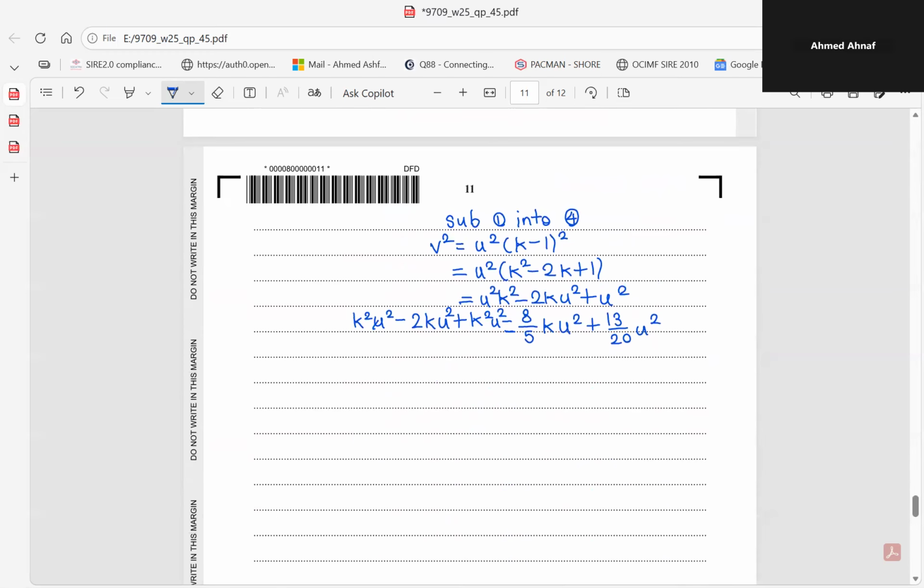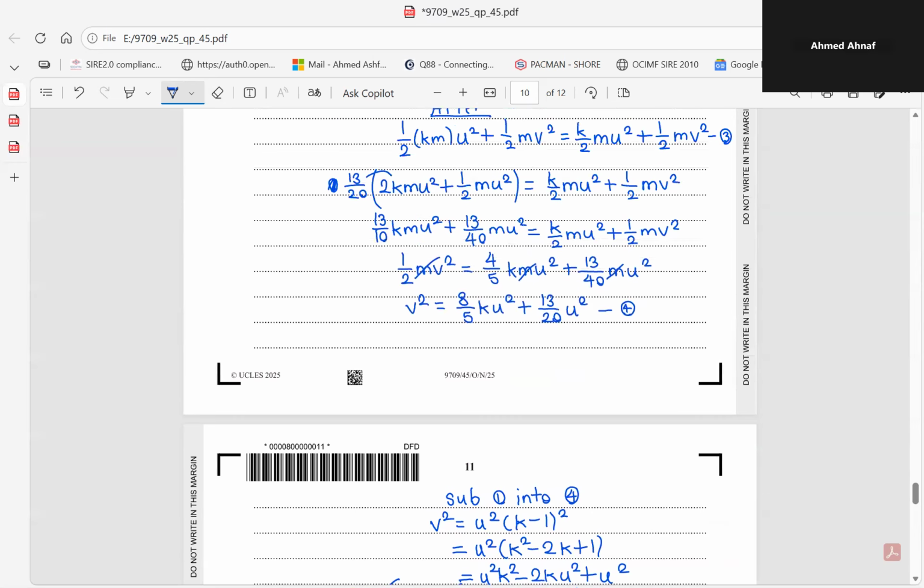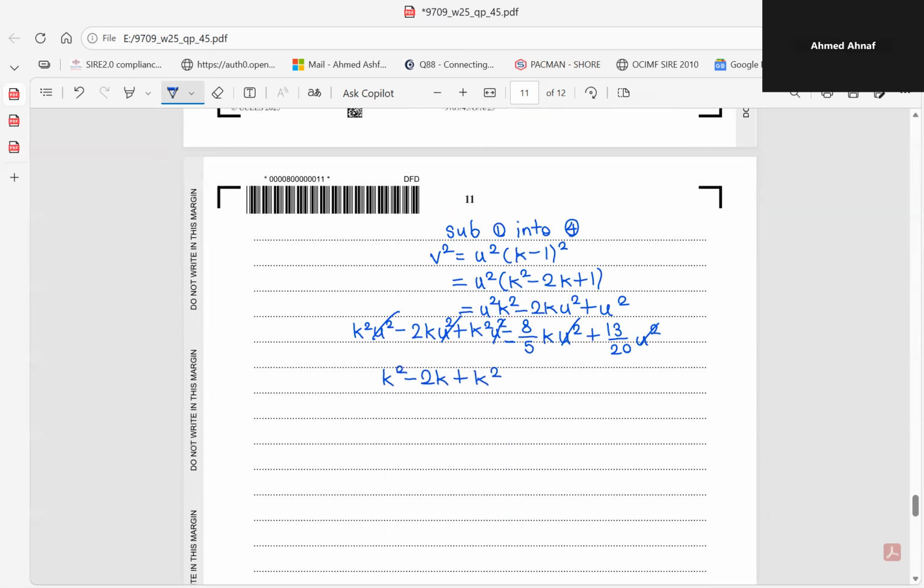All right, so we can cancel out the u squared. Okay, so you get k squared minus 2k plus 1. Wait, is it k squared? Oh wait, this is just 1, sorry. It's just 1. Yeah, equals to 8 over 5 k plus 13 over 20.